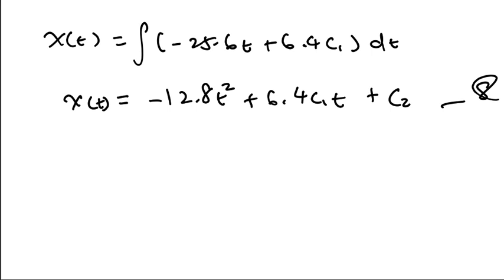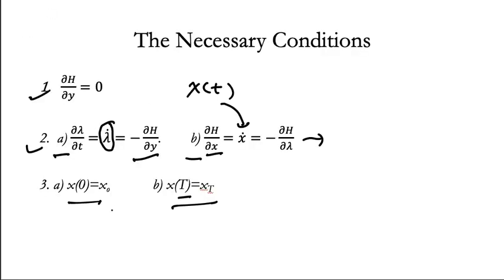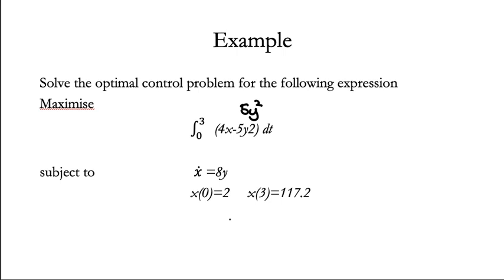Now remember the boundary condition. This is the boundary condition, the necessary condition. In this question, the boundaries are: the lower boundary is x when time is 0 equivalent to 2, x when time is 3 equivalent to 117.2.